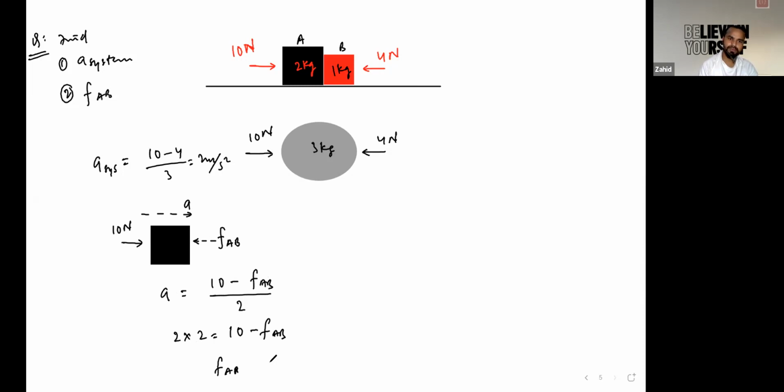So FAB is equal to 10 minus 4, that is 6 Newton.